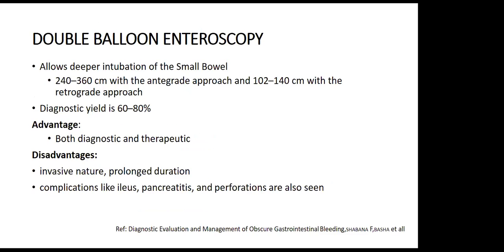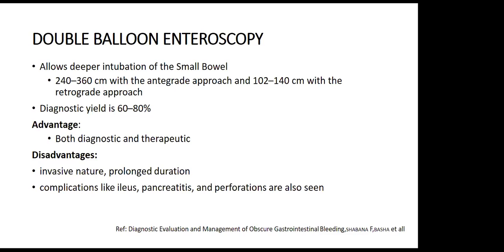Whereas double balloon enteroscopy has an overtube which allows deeper intubation of the small bowel, around 250 to 350 centimeters in the anterograde approach or 100 to 150 centimeters in the retrograde approach, having a diagnostic value of 60 to 80 percent.